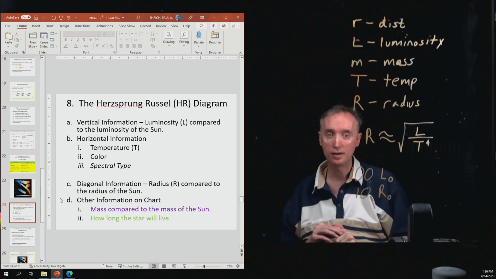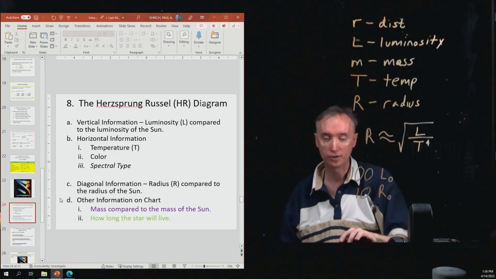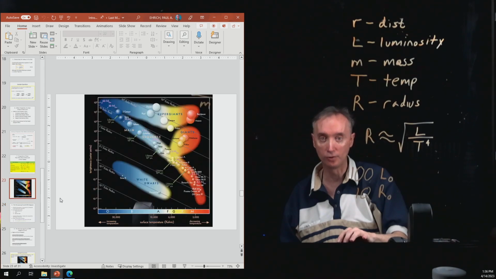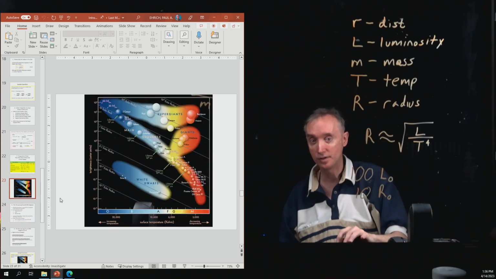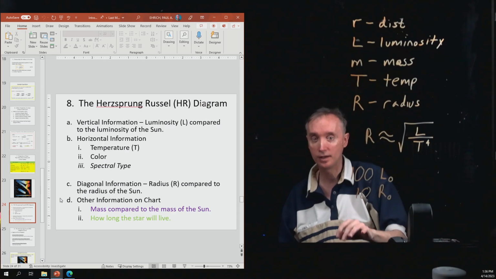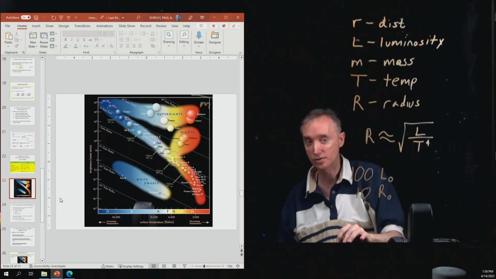And then there's other information on the chart. You'll notice there's some things that are in purple, and those are the mass of these stars in comparison to the mass of the sun. And then in green, it tells you how long the star is going to live.